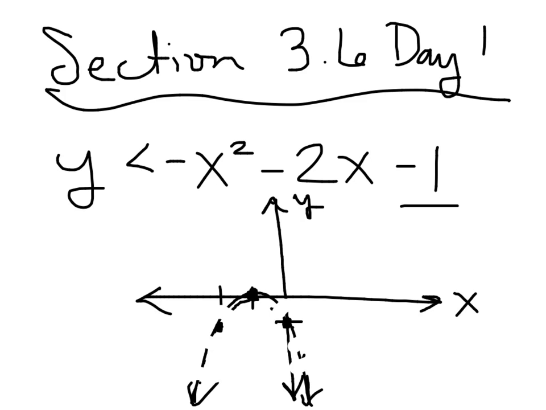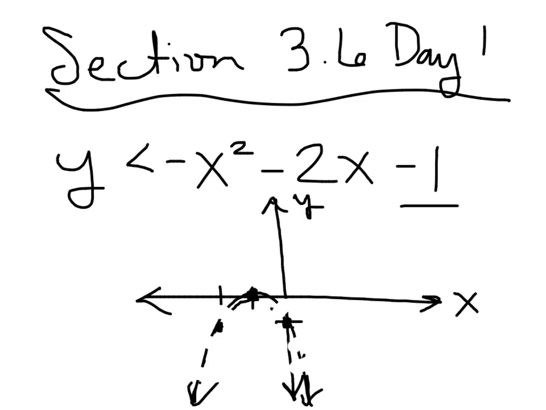Okay? How do you know it's dashed? Because again, it was not equal to at all. So if it's not equal to, we need to dash it. If it's equal to, the line is solid. Your calculator is not going to know the difference. Your calculator is going to give you the shape, and that's all it's going to give you. Okay? It will not know if it's supposed to be solid or dashed.